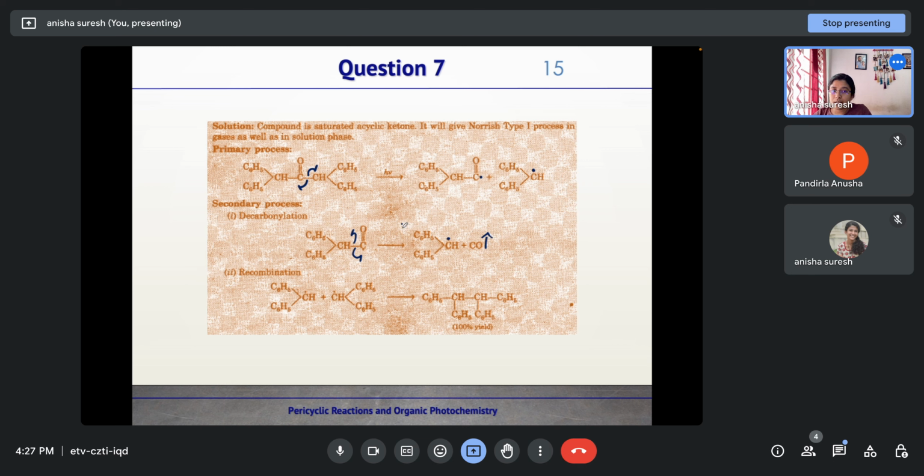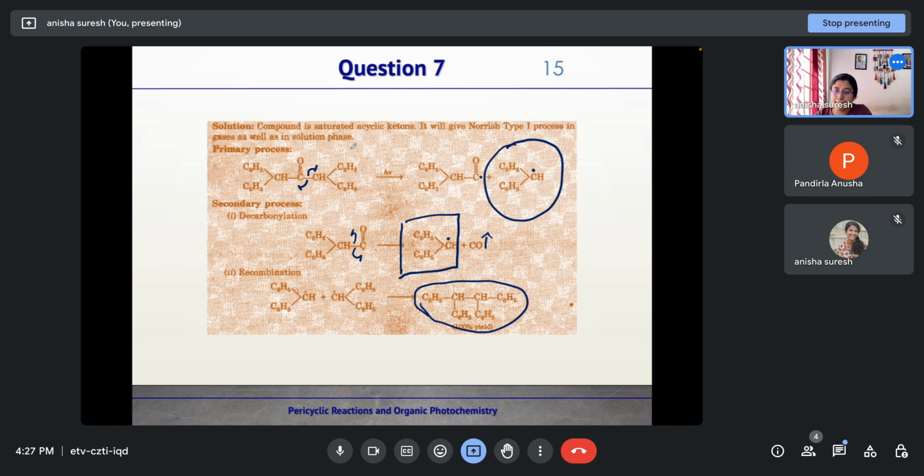Then this radical that is formed after the decarbonylation and the radical that was present after the alpha cleavage, they will combine. Okay, these are identical radicals, they will combine, leading to formation of the product. So this is the product that is formed after the Norrish type 1 reaction.